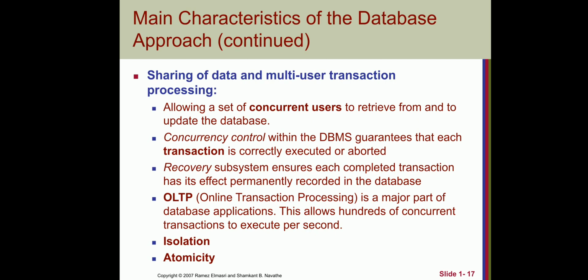Then we have something known as isolation. This property ensures that each transaction appears to execute in isolation from other transactions, even though hundreds of transactions may be executing concurrently. If you consider again the example of a train reservation, we might be looking for some train from one city to another, and at the same time there will be lakhs or thousands of people who are accessing the same database, and they might also search for the same train.